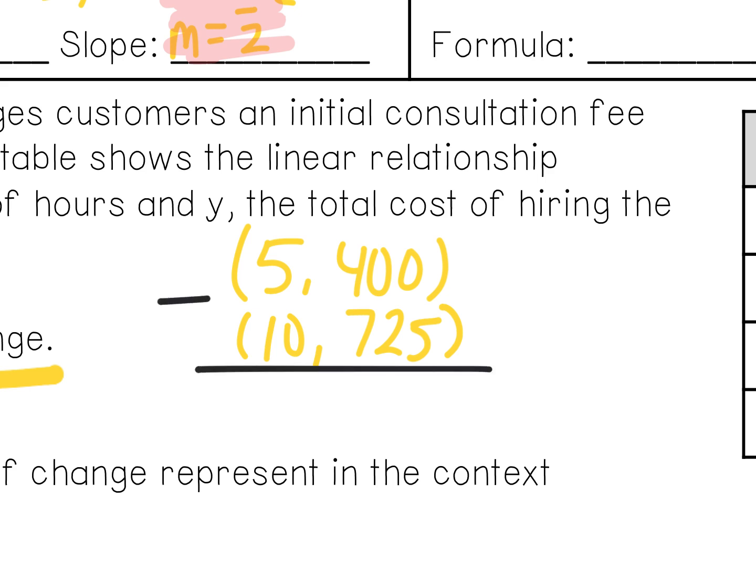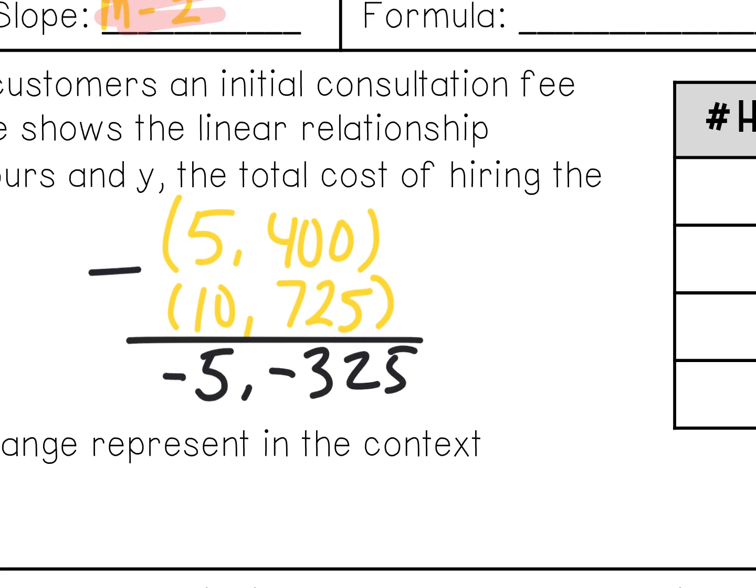So 5 minus 10 is negative 5. 400 minus 725, we get negative 325. Now y over x, negative 325 over negative 5.